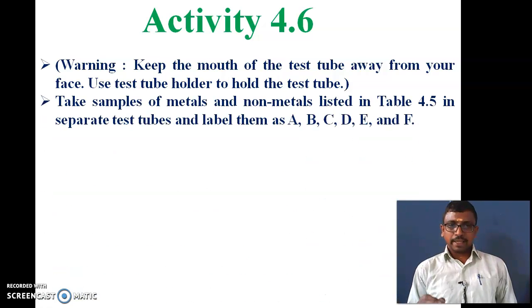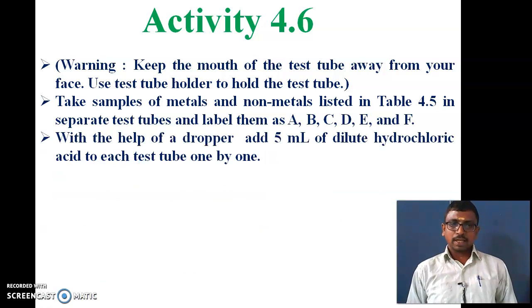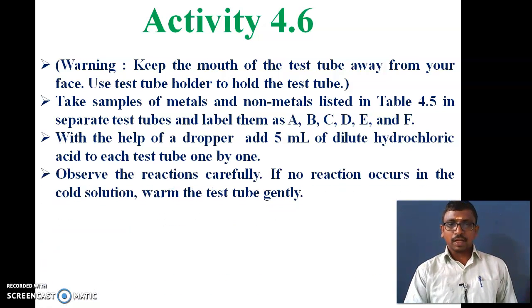Take samples of metals and non-metals listed in table 4.5 in separate test tubes and label them A, B, C, D, E and F. With the help of a dropper, add 5 ml of hydrochloric acid to each test tube one by one, and observe the reaction carefully.